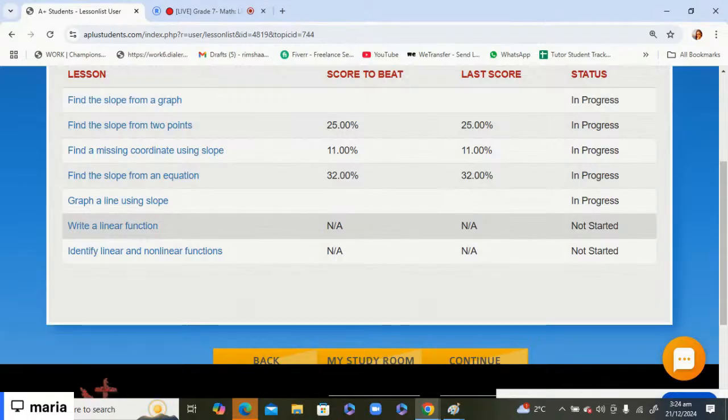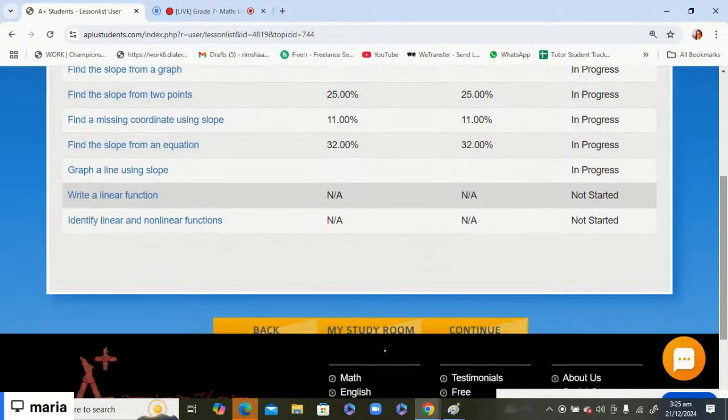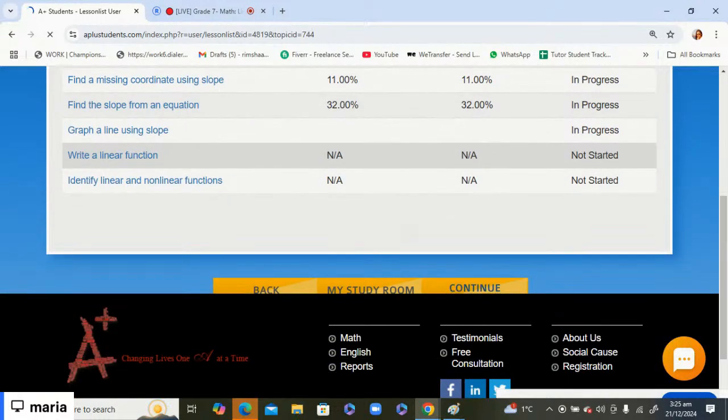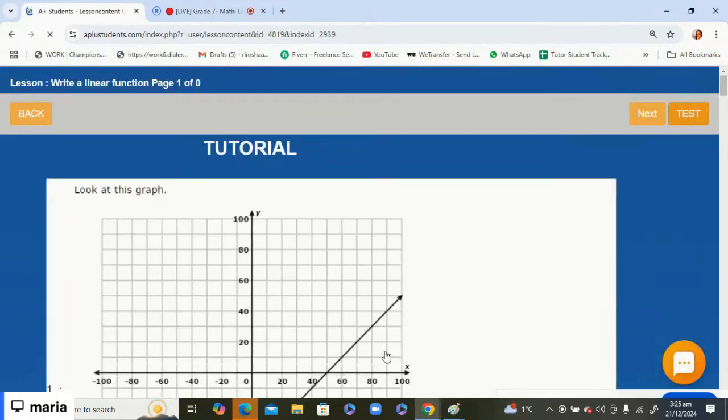Write a linear function. How to write it down?